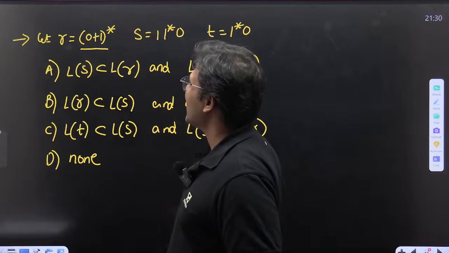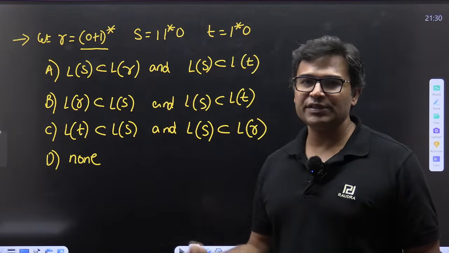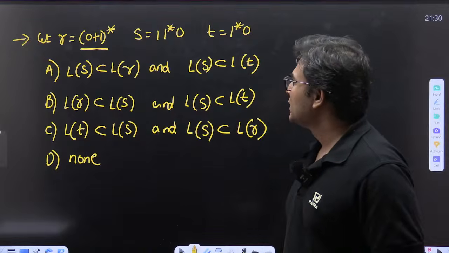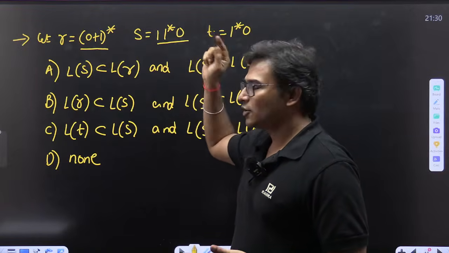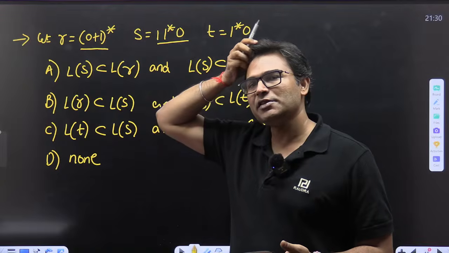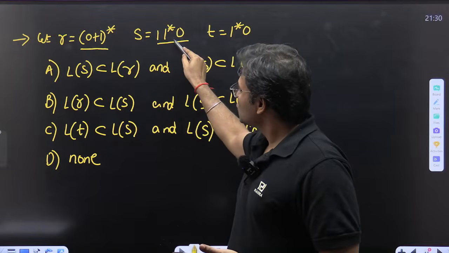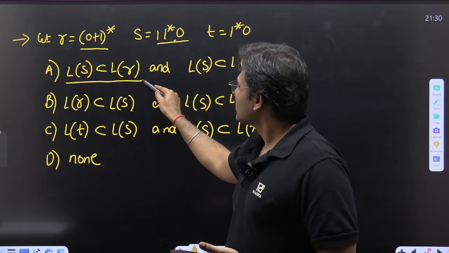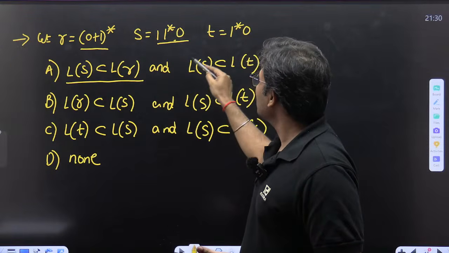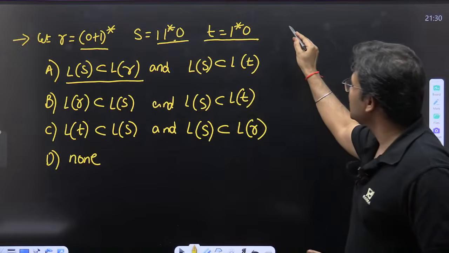R is the universal language. Every language is a subset of R only, right? This one is definitely not the universal language. It is the set of all strings starting with 1, containing any number of ones, ending with a 0. So this is definitely a subset. Now compare these two.